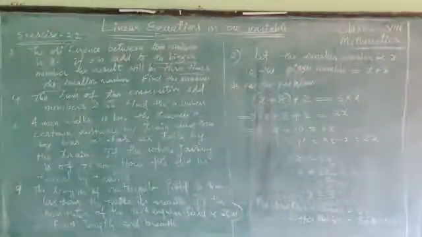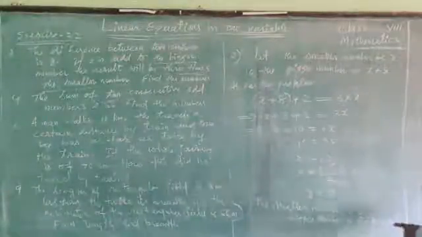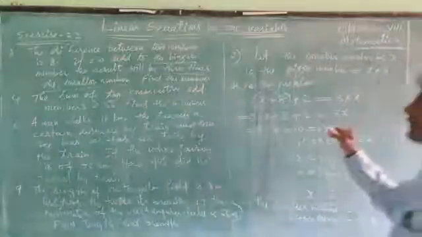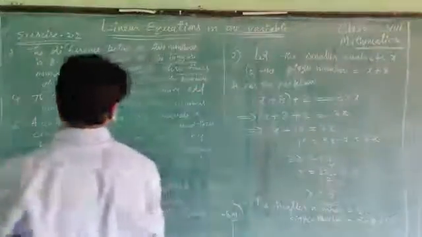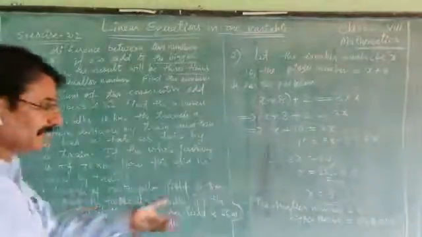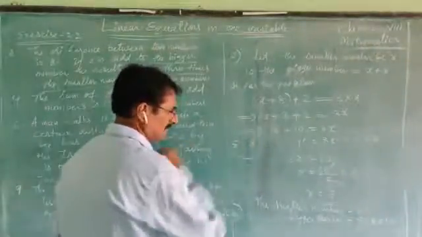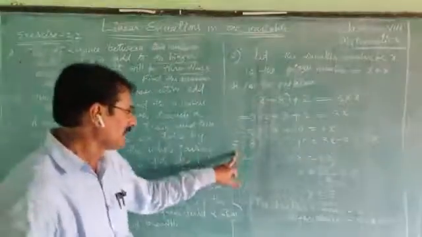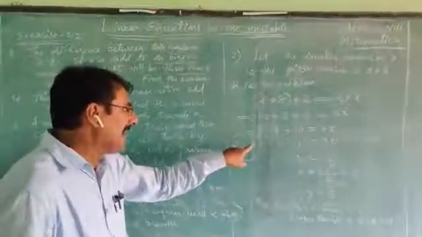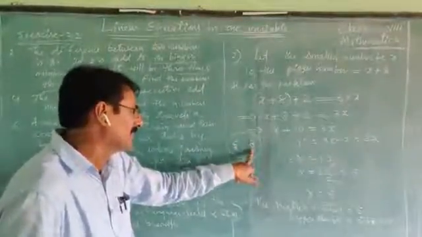Once you have observed this, you come once again and check whether it is right or wrong. We got the two numbers, 5 and 13. 13 is the bigger number.